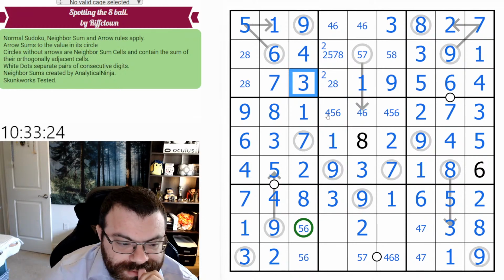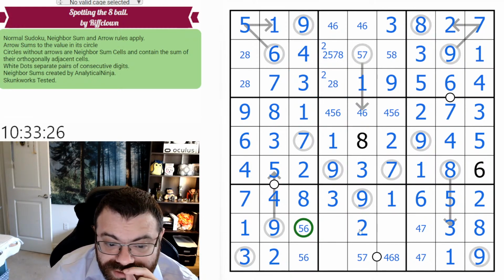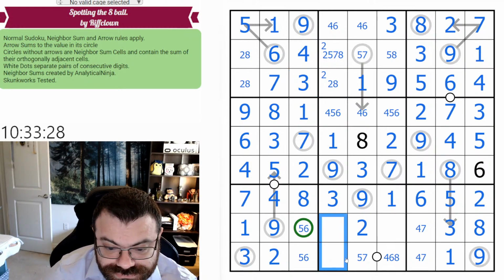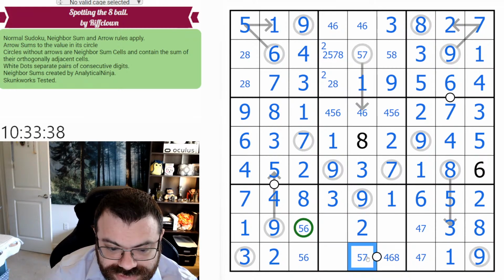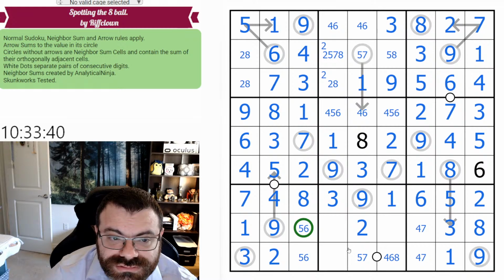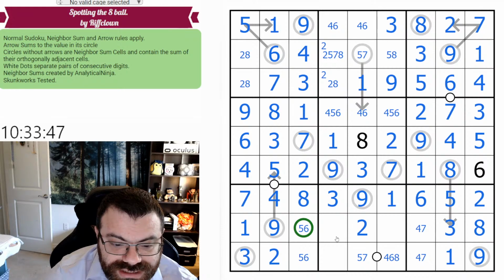Yeah, sure is. Let's see. This can't be 5, 6 anymore. Does that help? Neighbor somewhere. Thought I looked at them all. 9 in row 1.